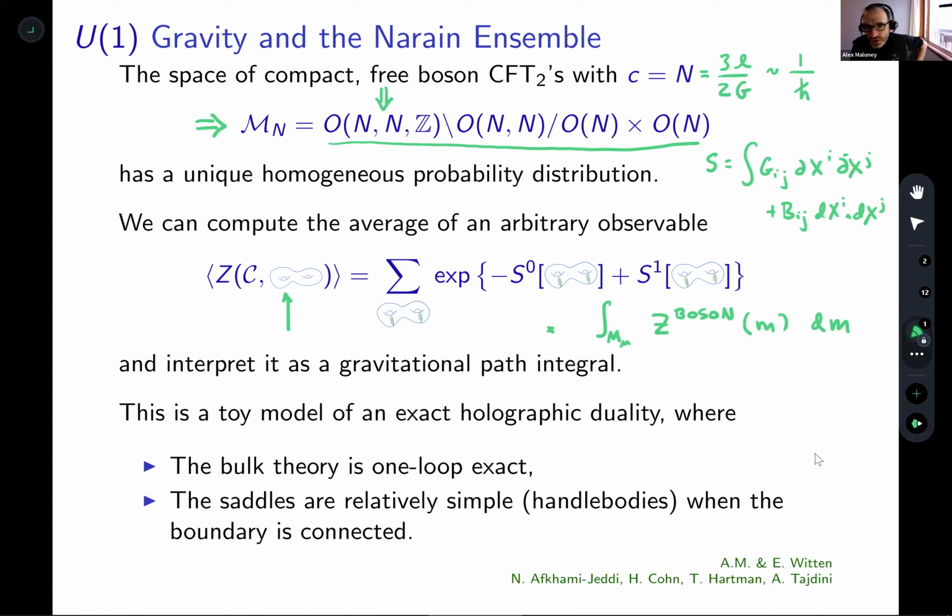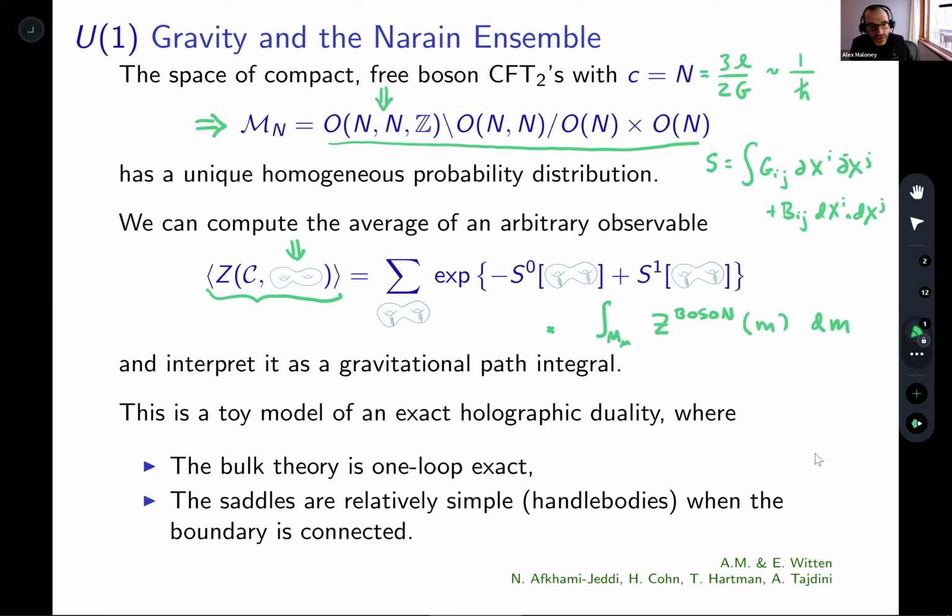And when you do that quotient to make sure that you're not double counting theories that are actually the same under T-duality, you get a space with finite volume. And the upshot is that I can compute the average of any observable. So here, what I'm doing is I'm imagining averaging over the space of conformal field theories of the partition function on an arbitrary Riemann surface.